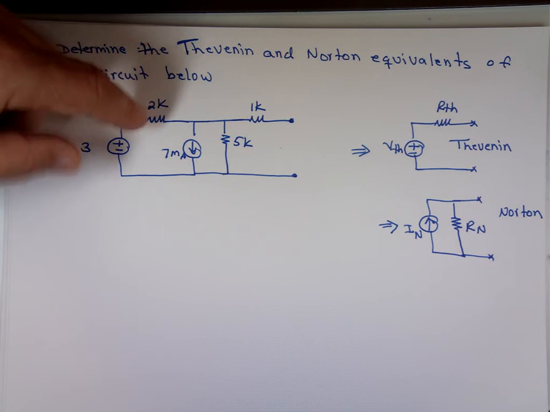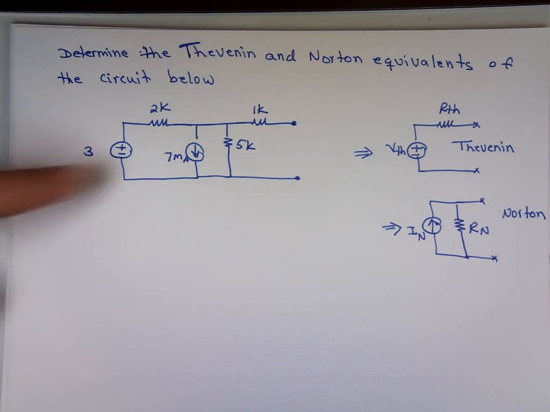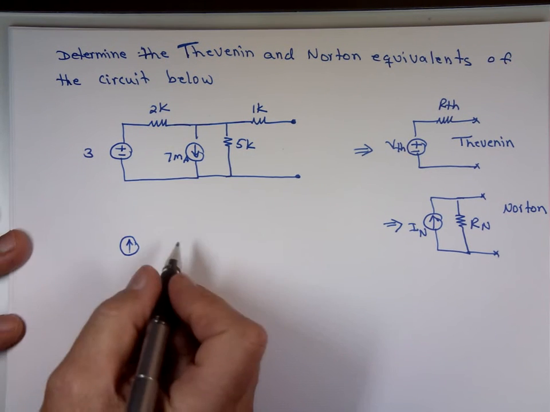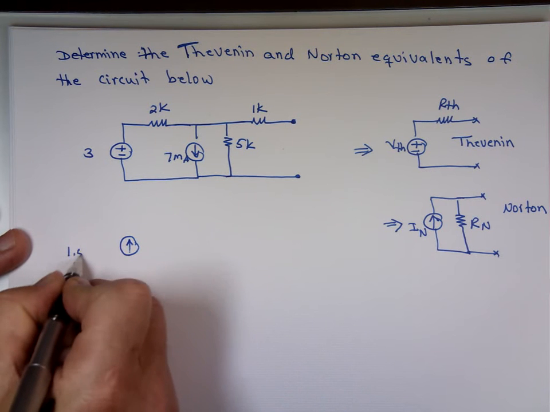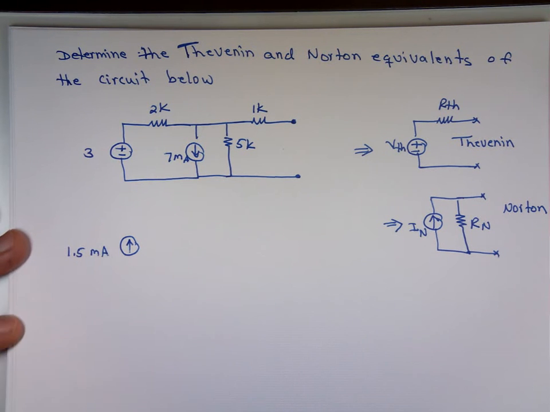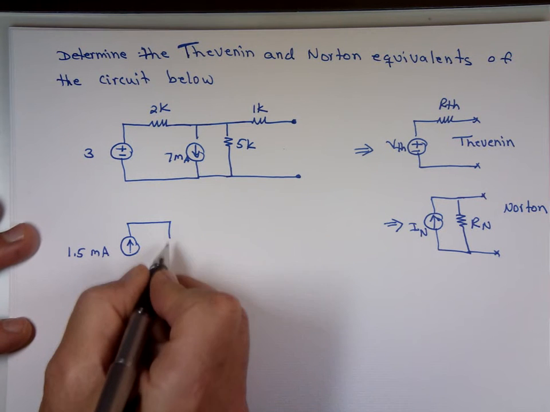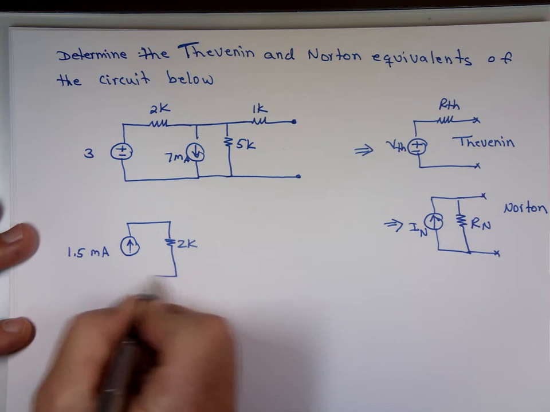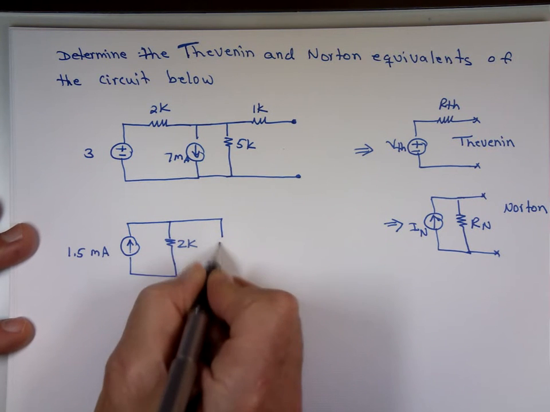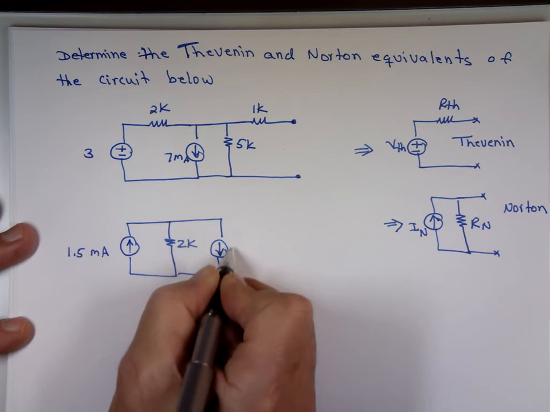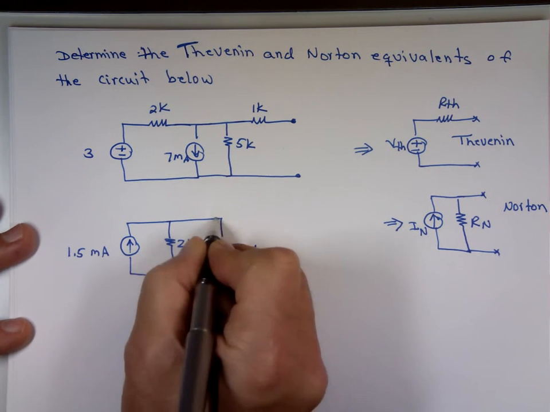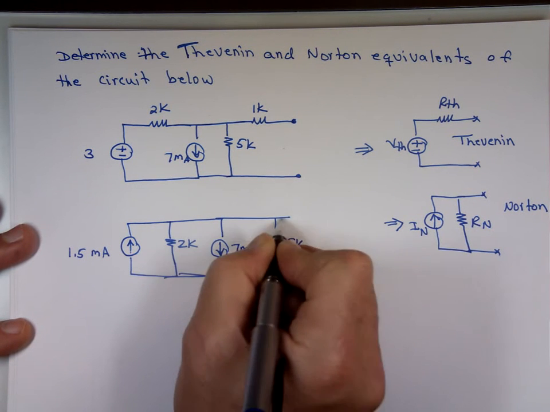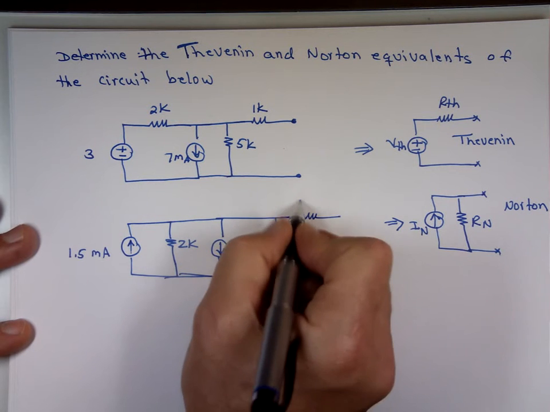If I do source transformation right here, I can change this to a current source going upward of the value 3 divided by 2, which is 1.5 milli, in parallel with 2K, another current source down 7 milliamp, 5K, 1K.